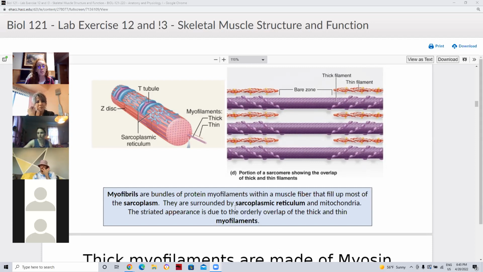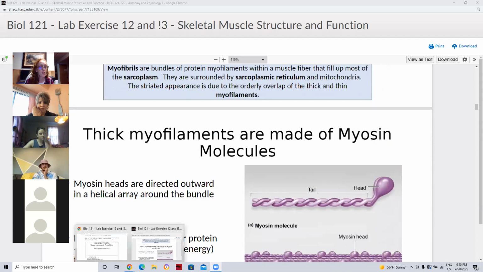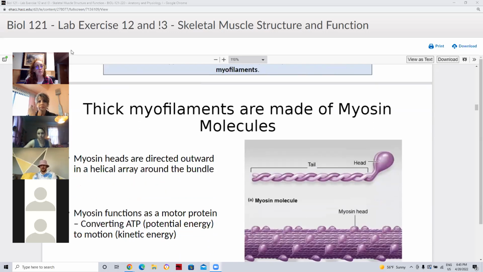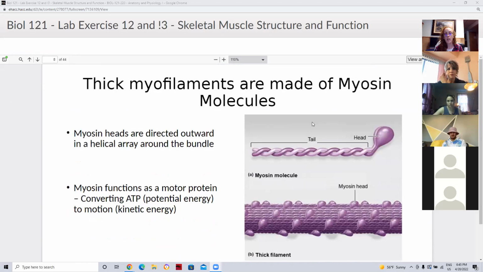So the striated appearance is due to that orderly overlap of the thick and thin myofilaments. The thick filaments are made of myosin, where the individual myosin molecules look like golf clubs.